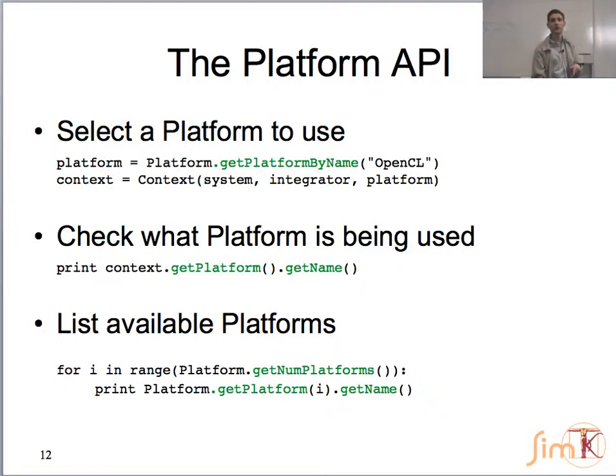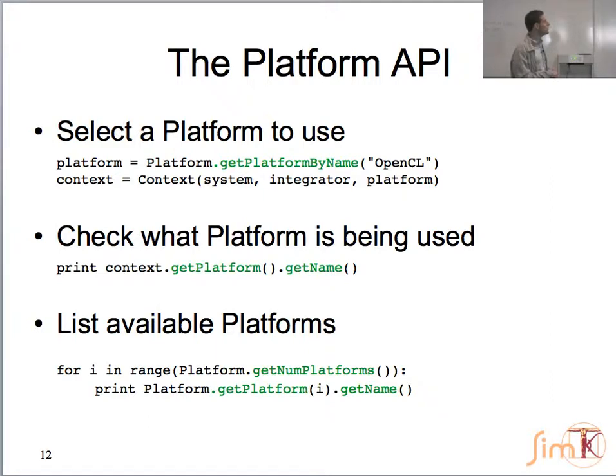The same is true when you create a simulation object. You can give it a platform as the next argument to tell it which platform to use. Another thing you might want to do is, if you didn't specify one and let it pick, find out what platform it picked. On your context, you can call getPlatform and then call getName on that platform. Then you can print out the name of the platform you're using.